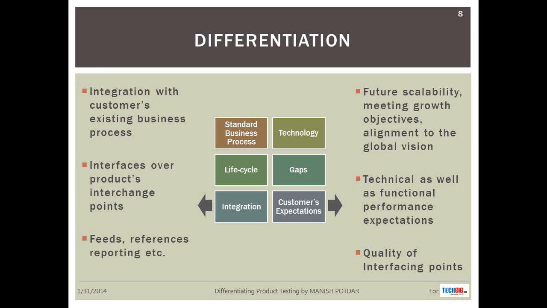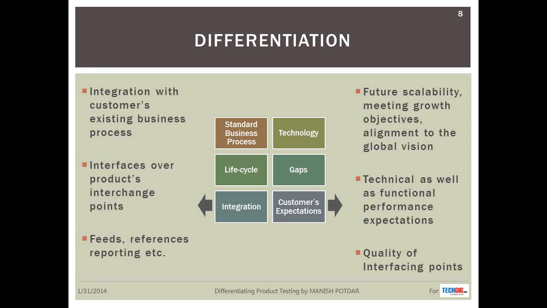And customer expectations. I think those are the ones which you can really visualize. Typically, banks, as I said, would look for their next 10 years' growth strategy. They want to grow in a certain way. They would define certain objectives, and while choosing a product they would expect those objectives to be met.